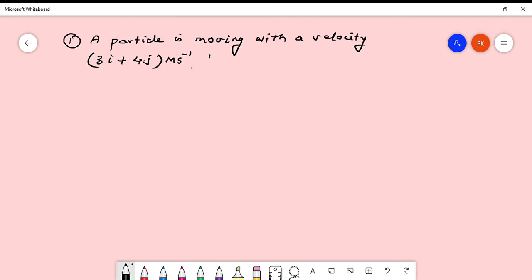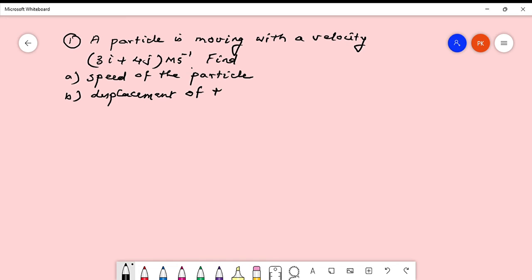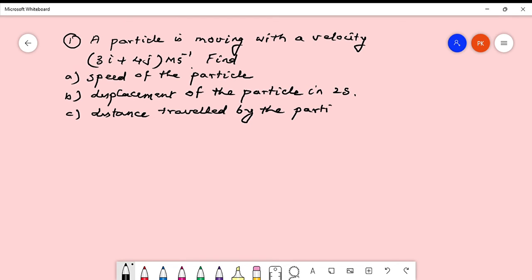So find part A, the speed of the particle, then part B, the displacement of the particle in 2 seconds, and part C, the distance traveled by the particle in 2 seconds.